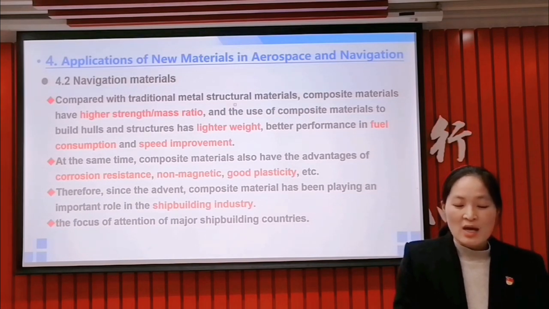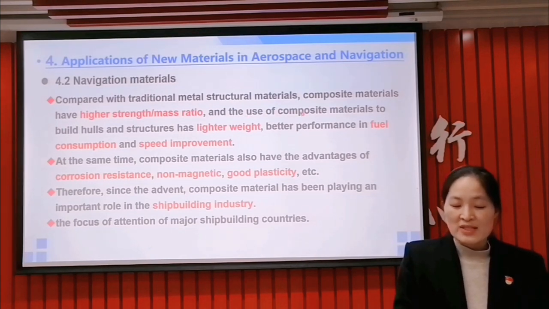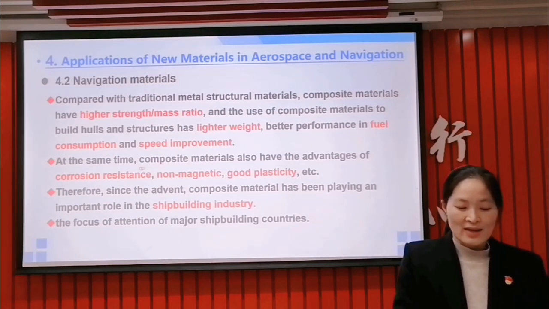Compared with traditional metal structural materials, composite materials have high strength to mass ratio, and use of composite materials to build ships and structures has light weight, better performance in fuel consumption and speed improvement because so light.